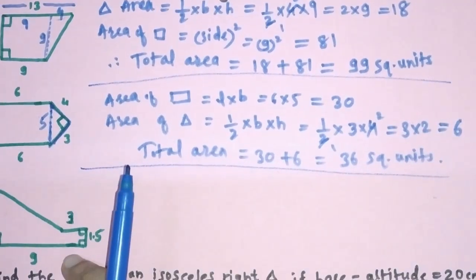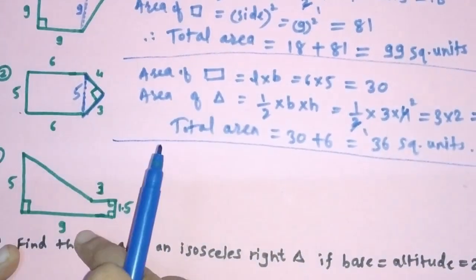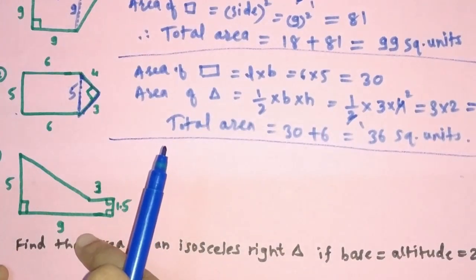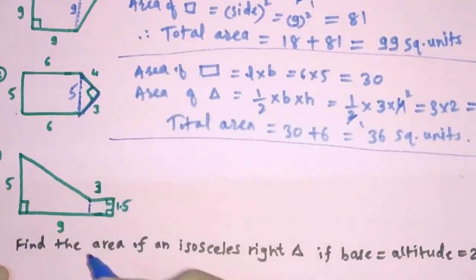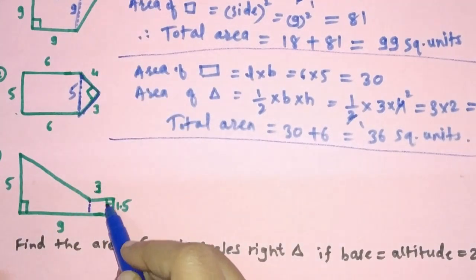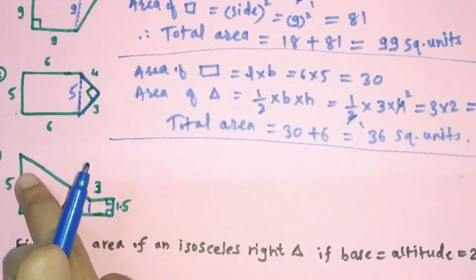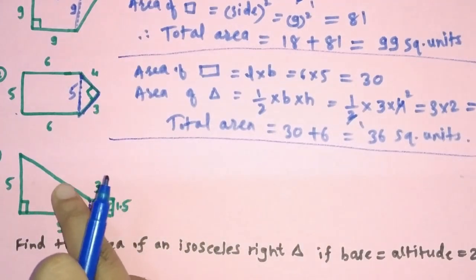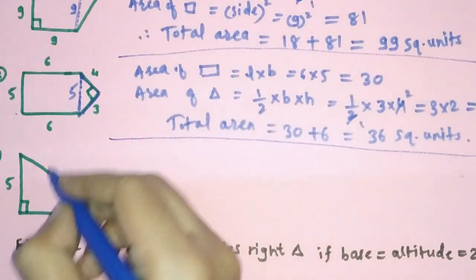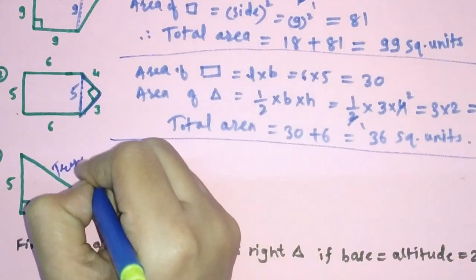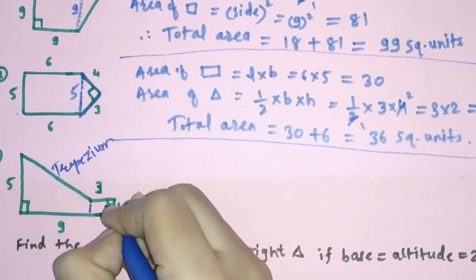Now moving to the next question, here you can see this is one figure. We have to find out its total area. If I draw one dotted line here, I get one small rectangle. And here, carefully see, this shape is not a triangle. It is a trapezium. This is the trapezium and this is the rectangle.